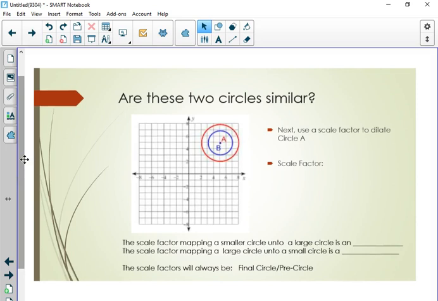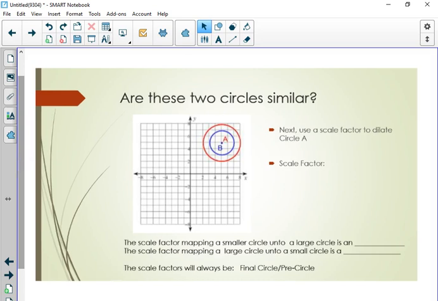Next, we use a scale factor to dilate. Okay, so let's look at what we have here. What is the radius of the smaller circle? 1, 1, 2.